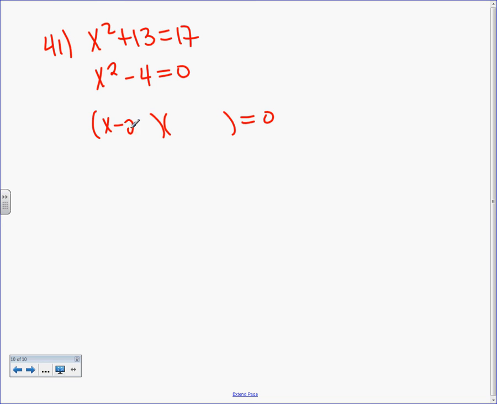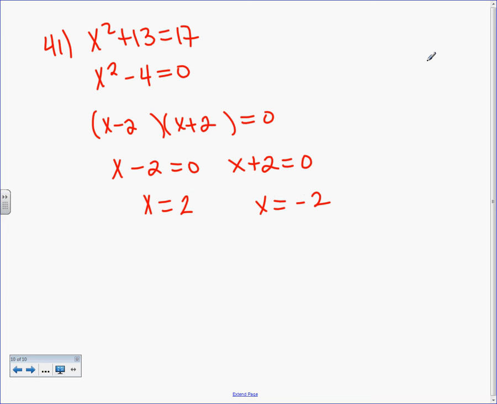X minus 2, x plus 2, either way, right? So what do I do now? If they said factor, I'd be done, but they said solve. So pull them apart, set each equal to 0 separately, so x is 2 and negative 2. Anybody confused? You sure? Okay.